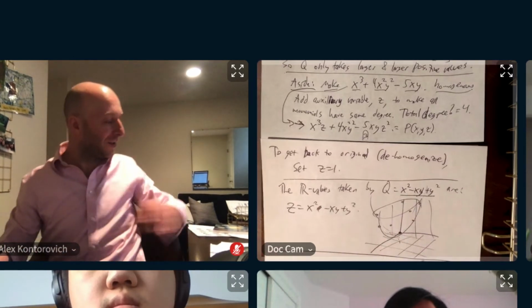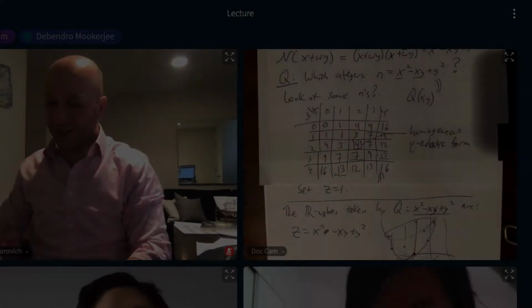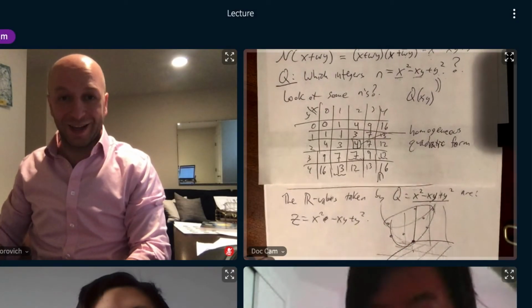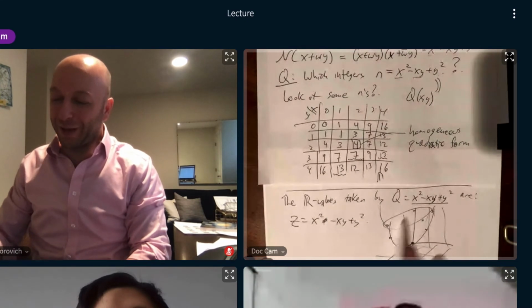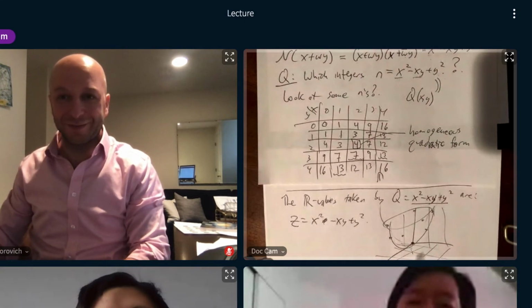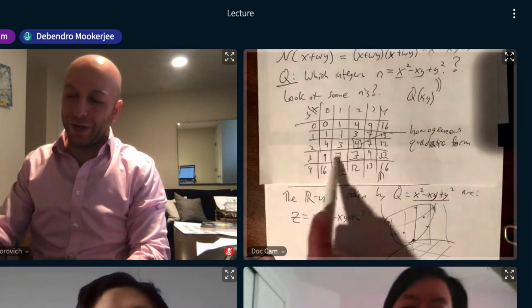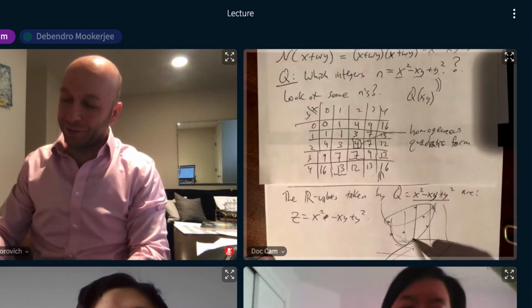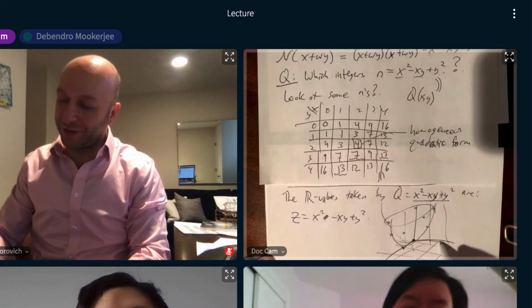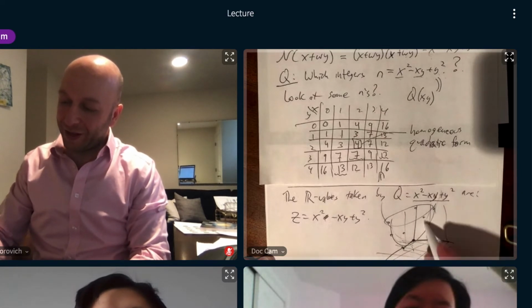And so in our table, all the way back here, what were we talking about? I was trying to make the point that you can see these values, the values of the quadratic form. So for example, 1, 3, 7 would be x equals 1, y equals 3, and they would meet at height 7.